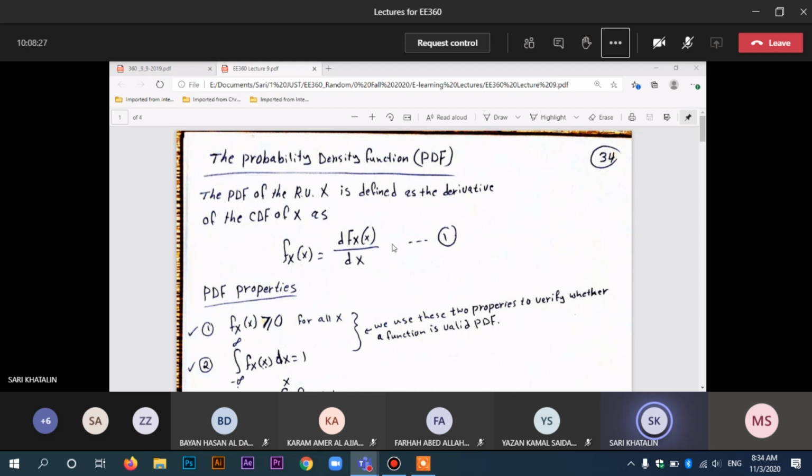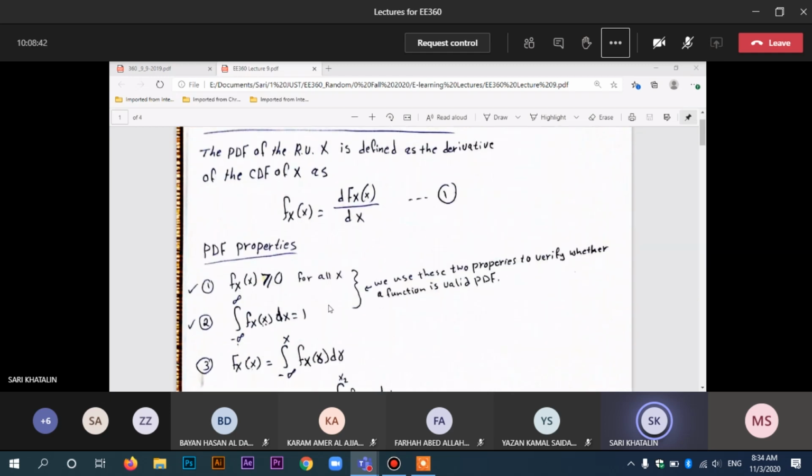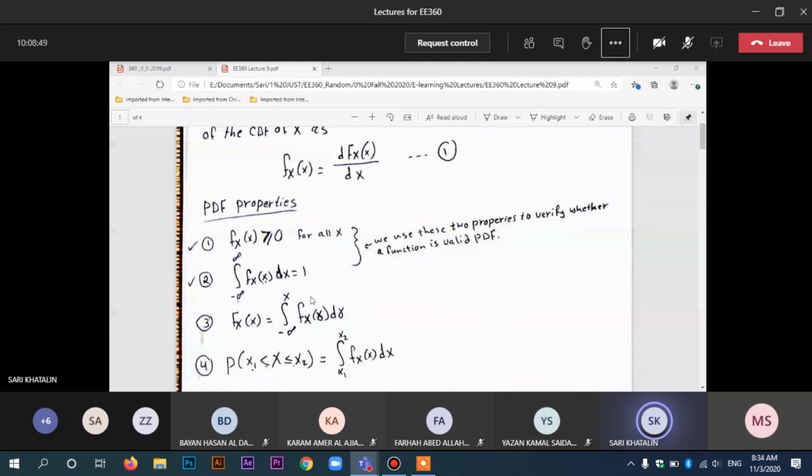So this is another distribution for the random variable. You either have the PDF or the CDF, and if you have one, you can find the other. If we have the CDF, you can find the PDF, and in a minute, we're going to see that if you have the PDF, you can also find the CDF.